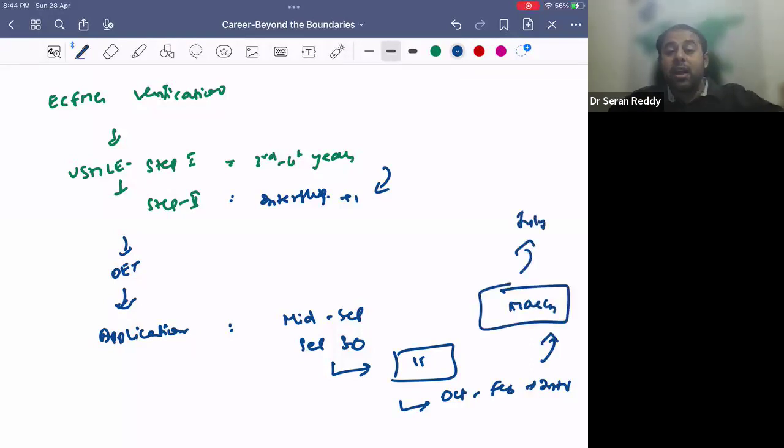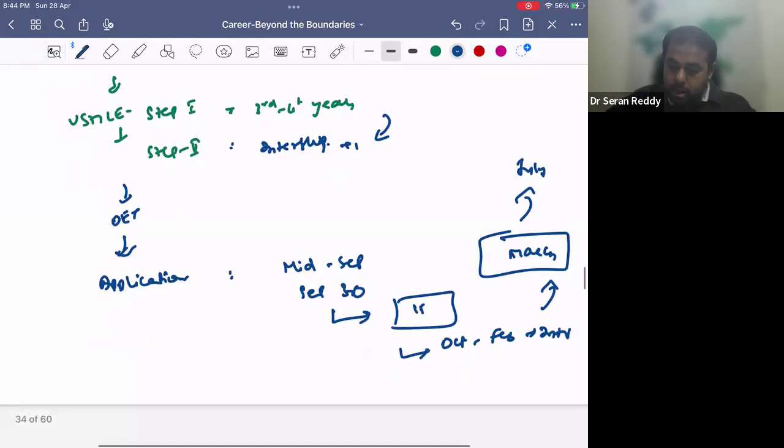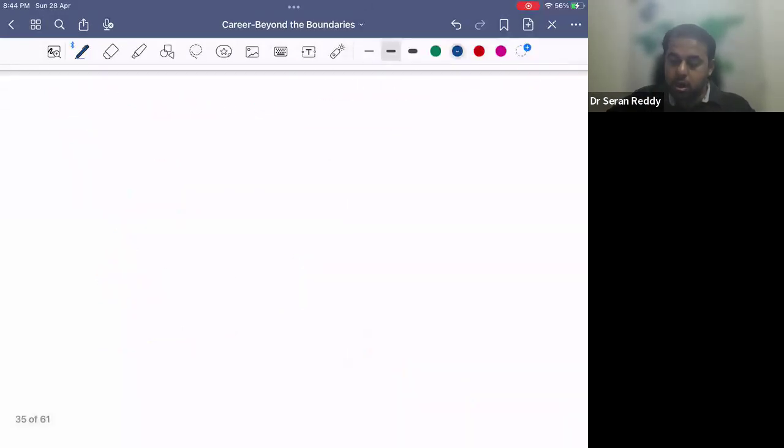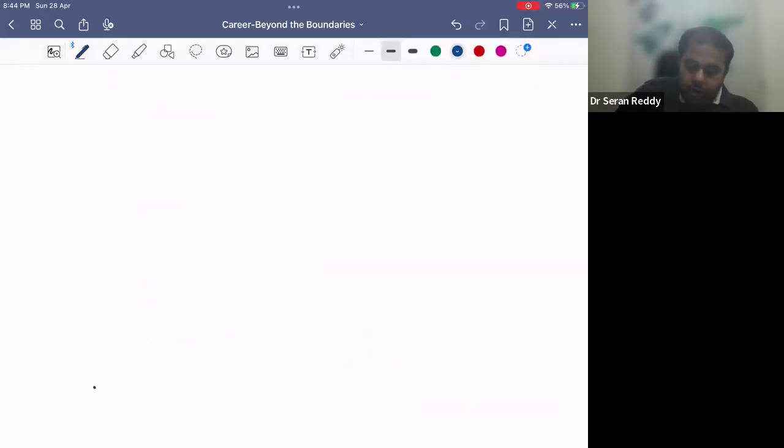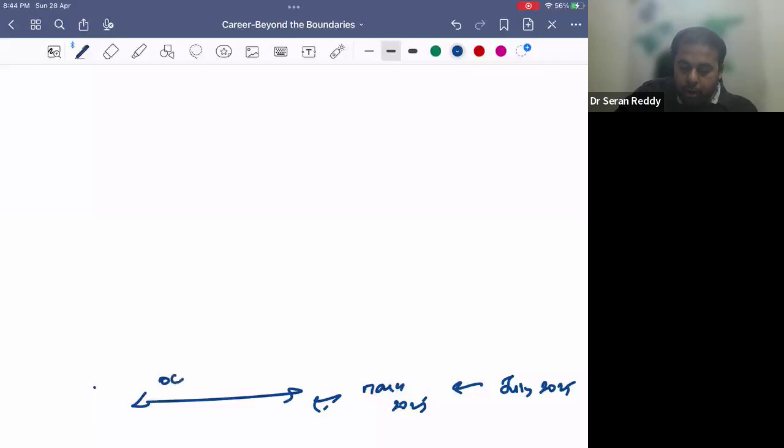If you are targeting a residency starting July 2025, just as an example, the results will be announced in March 2025. October to February is the time when you give the interviews.